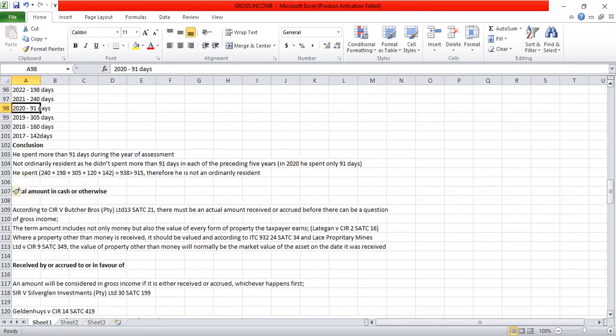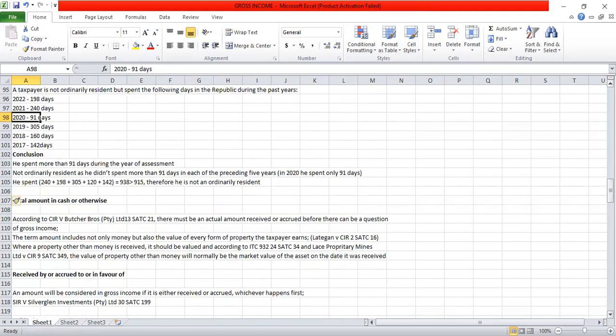On the contribution, when you add them, it's 240 plus 198 plus 205 plus 120. It's not supposed to be 160. Cell number 105, you are saying it's supposed to be what?